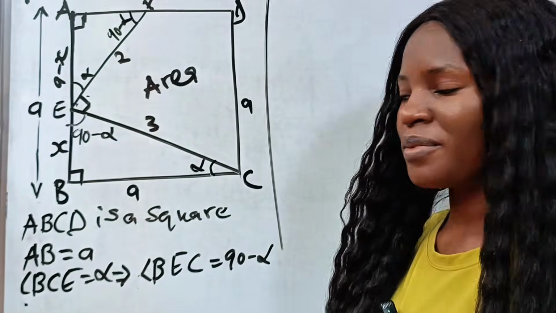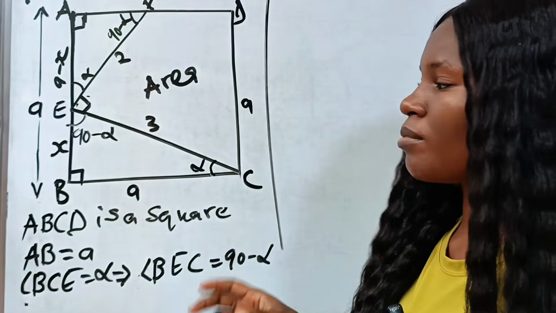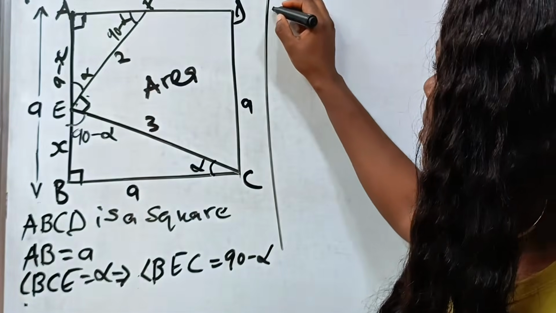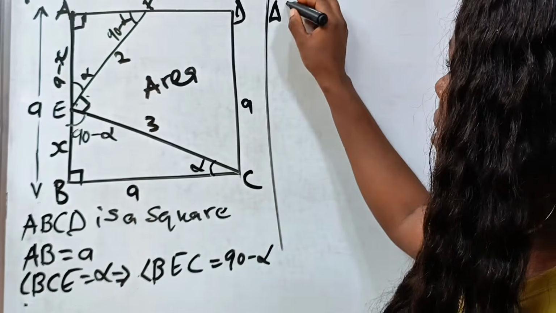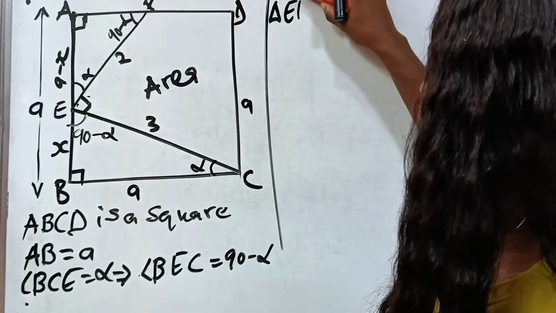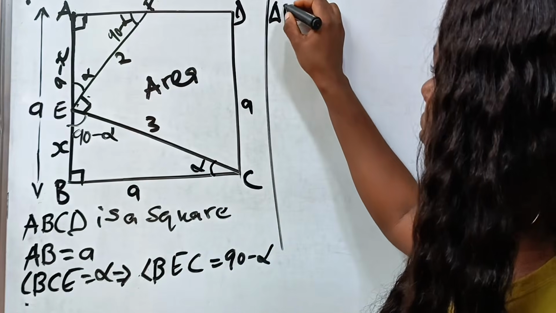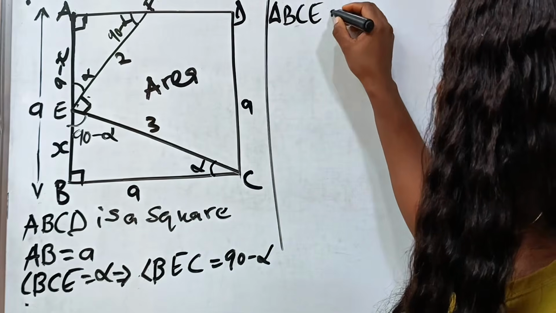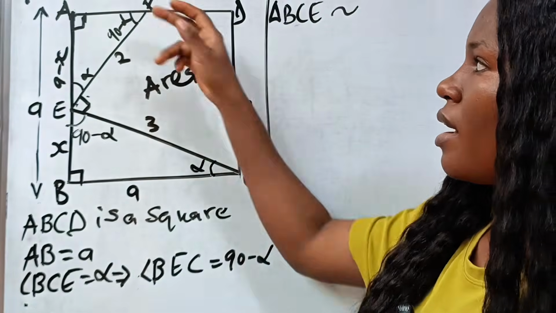Now if you look at what we just did, it simply implies that triangle EBC, or BCE, is similar to triangle AEF.